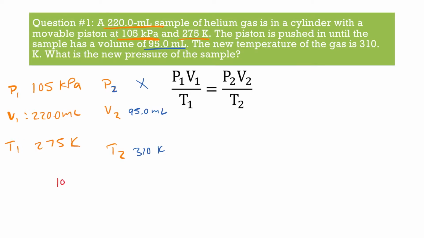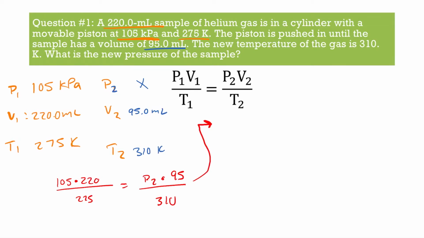If we plug stuff in, you get 105 times 220 over 275 equals P2 times 95 over 310. So again, we just plugged in all of the numbers as is. So I'm going to bring this up here.